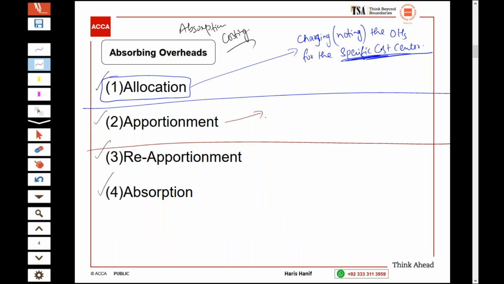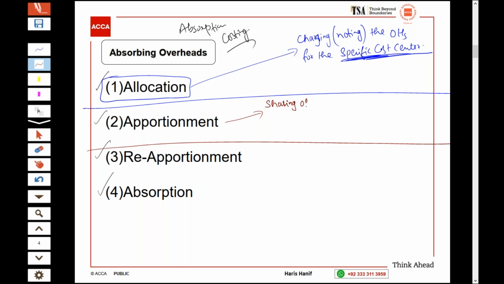Now, what is apportionment? Apportionment means that you are sharing the common overheads among all the cost centers. For example, there is rent, and you are paying rent for the entire three cost centers. So the rent will be divided into three cost centers, not on an equal basis, but based on the floor area which they are occupying. This process is known as apportionment.